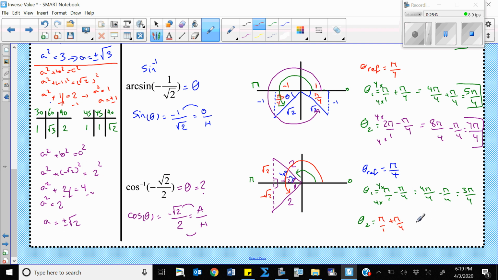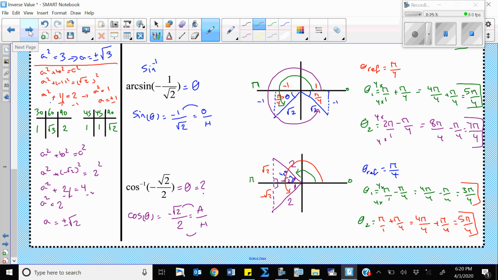Again, using the common denominator, this will be 4 pi over 4 plus pi over 4, which is 5 pi over 4. So this is my first angle, and this one is the second.